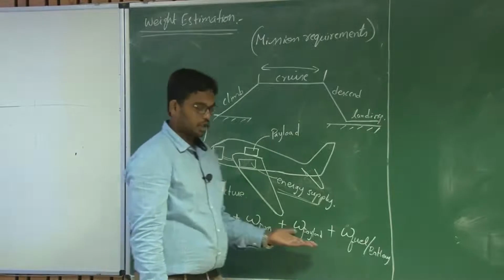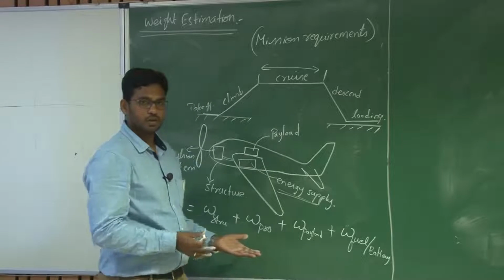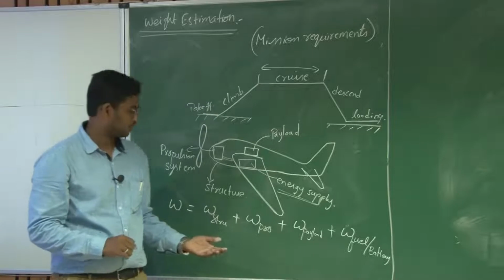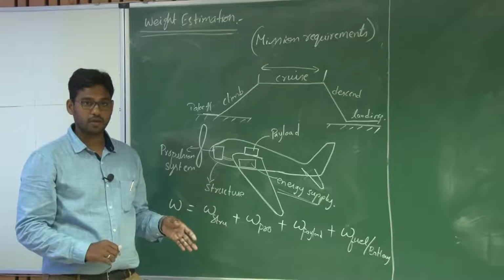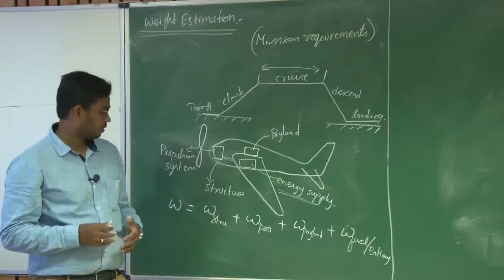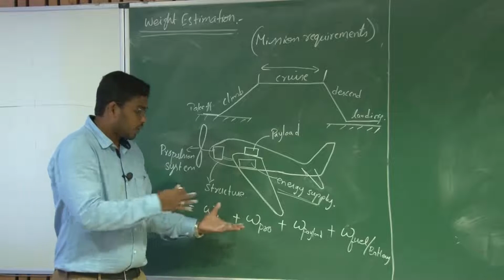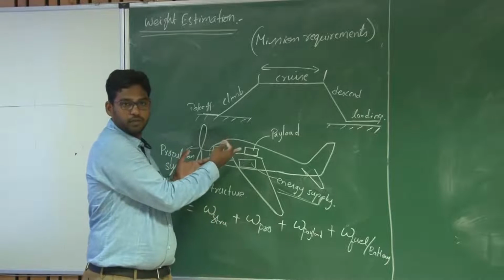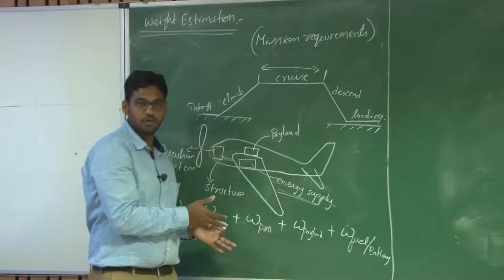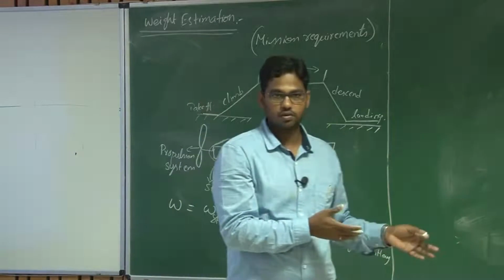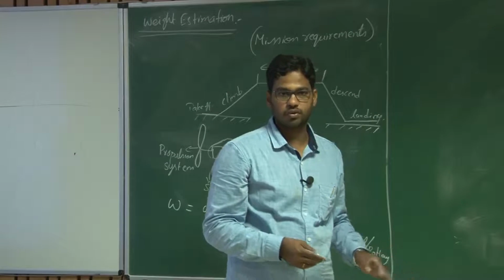There can be a heroine class UAV of 2000 kg class, where the structure has to be designed accordingly for whatever payload it has to carry, and that can't be compared with the weight of a 5 kg UAV. The structural weight of a 2000 kg UAV cannot be compared with a 5 kg UAV. It will be altogether a different story.